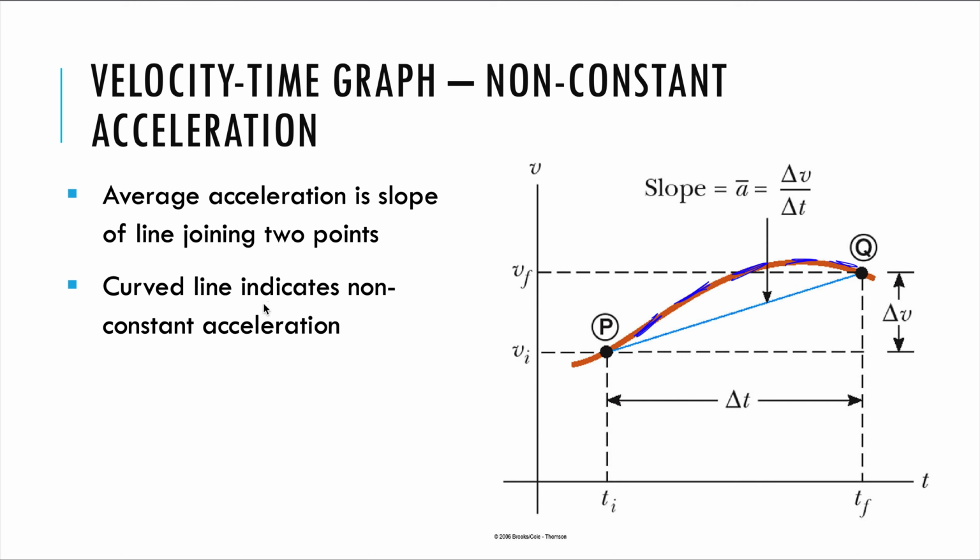So a curved line indicates a non-constant acceleration, but we can still find the average acceleration between 2 points by finding the slope of the line connecting those 2 points. So this blue line right here, if we found the slope of this line, that will give us the average acceleration between points P and Q. As we can expect, because acceleration is rise over run, change in v over change in t.